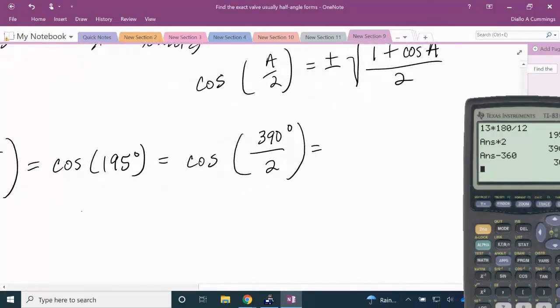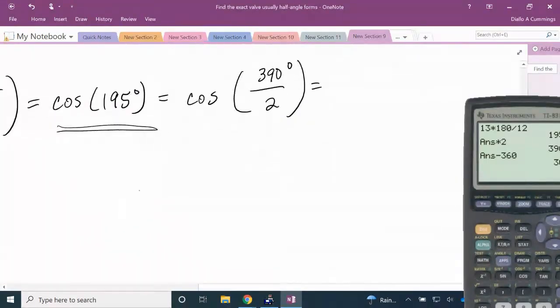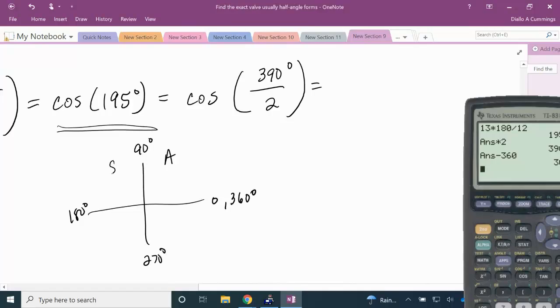Now we're actually trying to find the cosine of 195 degrees. If I just draw out a rough sketch, we have 0 degrees here, 90 here, 180 here, 270, and then one complete rotation is 360. Remember, from our reference angle, All Students Take Courses gives us the signs of the 6 trig functions in each of the 4 quadrants.